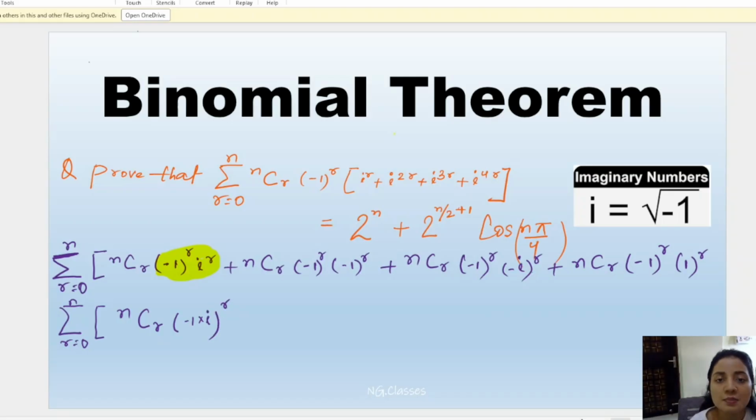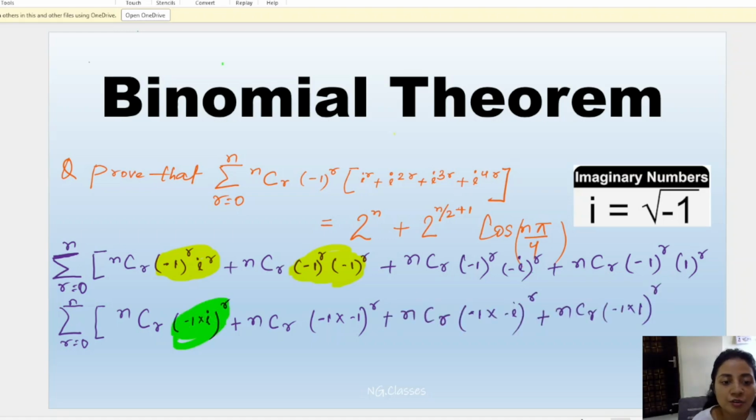Making sense? Similarly, let's apply the rule of exponent for all the other terms. So (-1)^r multiplied with (-1)^r in the next term can be written as (-1 into -1) having power r, right? Like this.